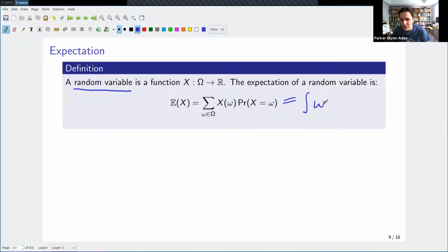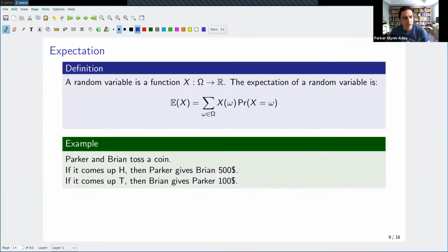This is kind of like the integral of omega d probability. It's sort of like you add up all of the values of omega as they're weighted by this probability.